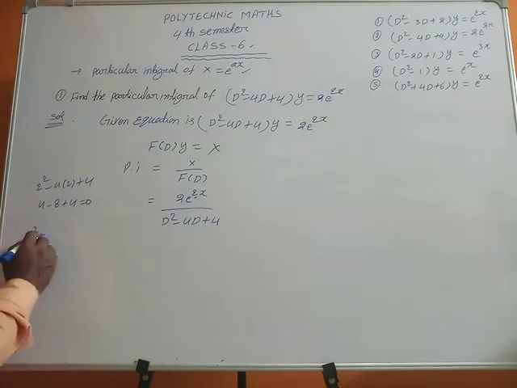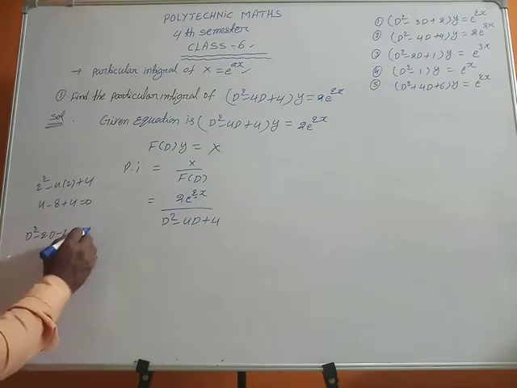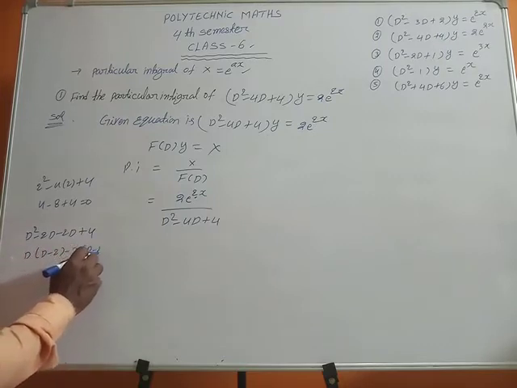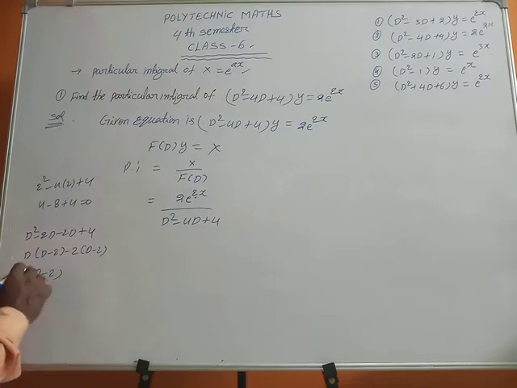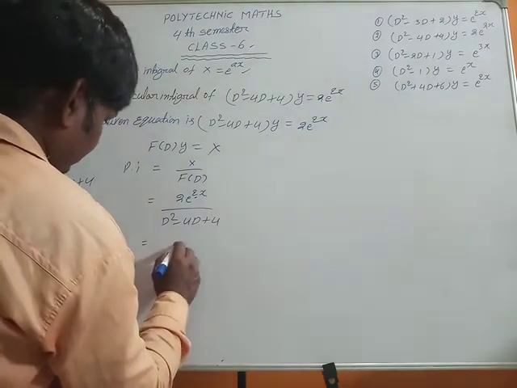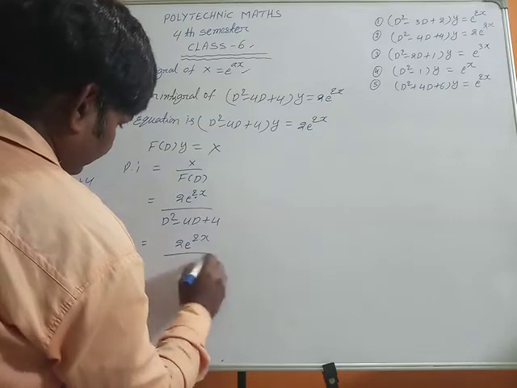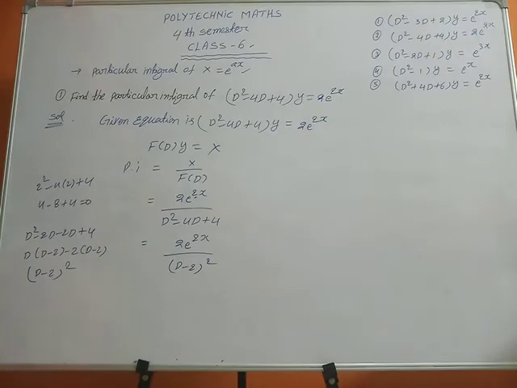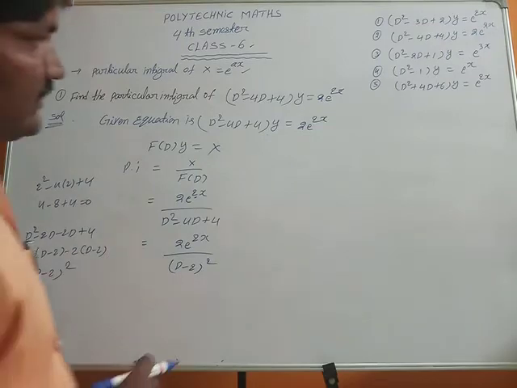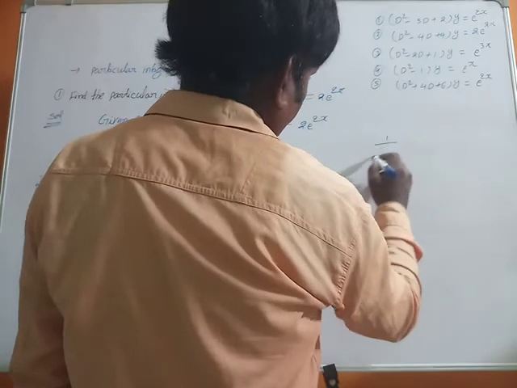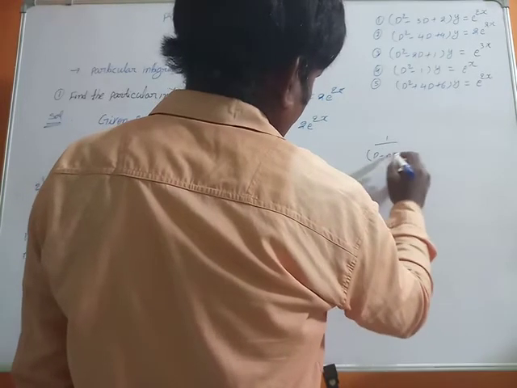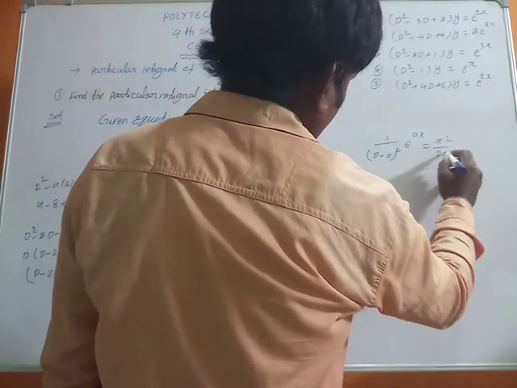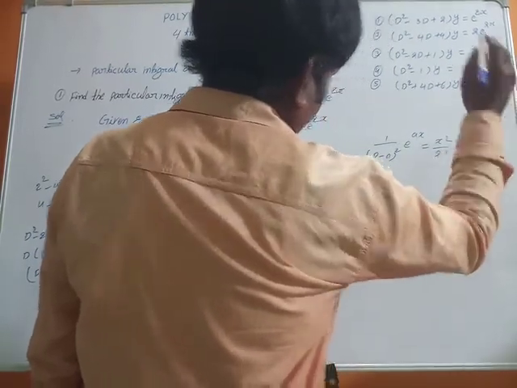So D square minus 4D plus 4. D common here, D minus 2 common here, D minus 2. Now it will be D minus 2 whole square. So this is equal to 2 into e to the power of 2x by (D minus 2) whole square. In our basic concept we have discussed that 1 by (D minus a) whole square e to the power of ax is equal to x square by 2 factorial e to the power of ax.